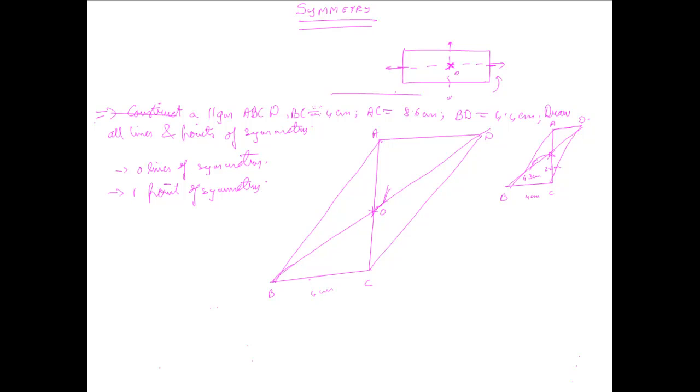Let's see another example, children. Question says construct rhombus ABCD of side 4.6 and angle 135 degrees. Indicate the point of symmetry and draw all its lines of symmetry.